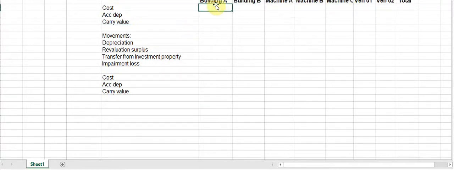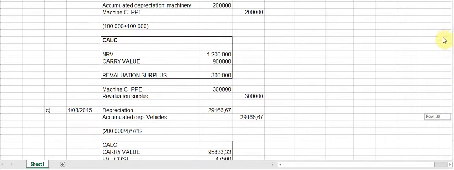Let's start with building A. At the beginning of the year, it had a cost of 1.2 million. It had an accumulated depreciation of 200,000. It had a carry value, which would be the sum of these two. Then under movement, we recognized some depreciation on it, I remember.